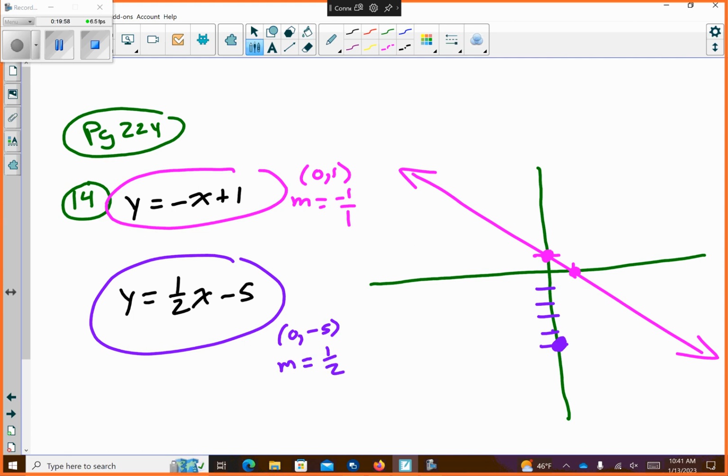Okay. Up 1, right 2. Up 1, right 2. Okay, that boxed in region appears to be the point 3, comma, negative 3. This is my solution.